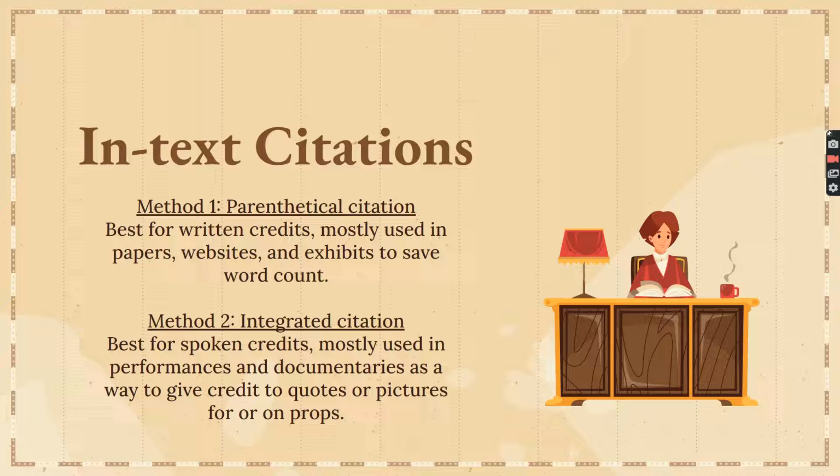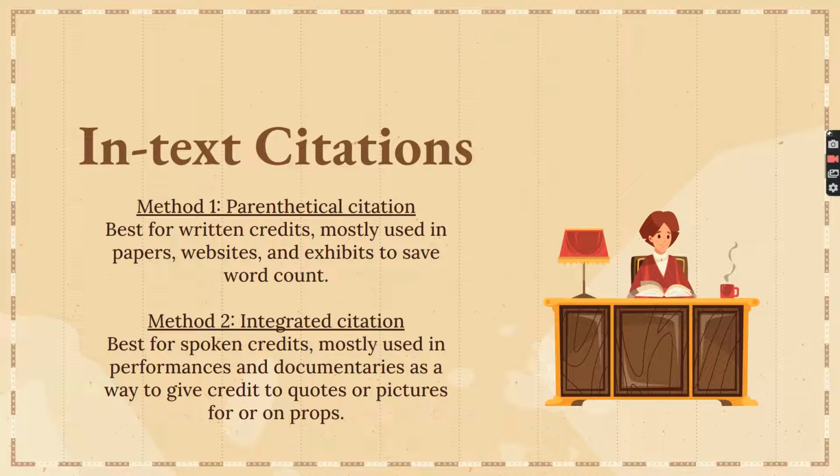It's usually just images and quotes that they want this for. Information you don't need to cite on your board, because obviously they're not going to make you have all 100 of your sources on your exhibit board, right? It's just your images and quotes that you use in-text citations for.